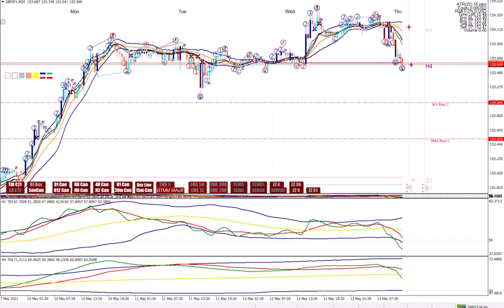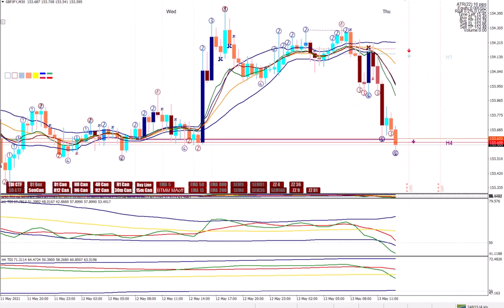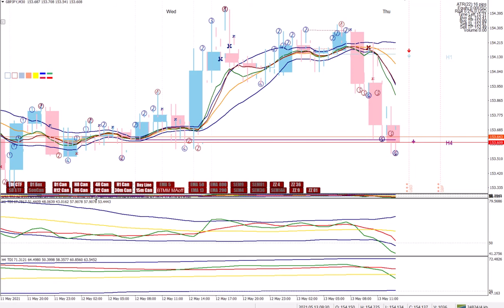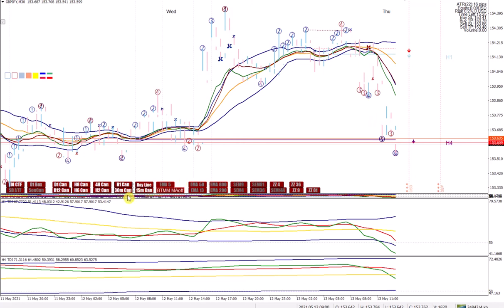Let me open this up again. This is 30 minutes. Put a 2 hour candle in. You can see that that's a 2 hour candle. That's what's going on there right now. Those little lines. Take us out. There's a candle there that should not be there.